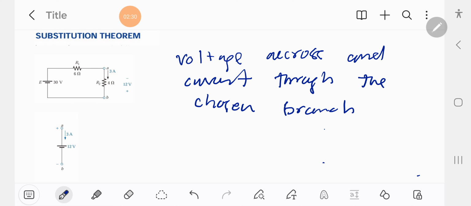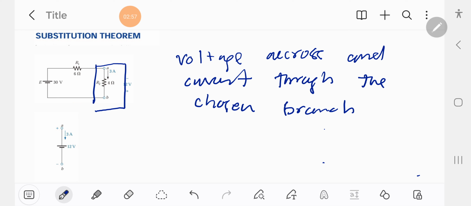So what does it mean? It means that we can replace this branch by any combination of elements. So we can replace this by just a voltage source which maintains this characteristic of 3 ampere and 12 volt.